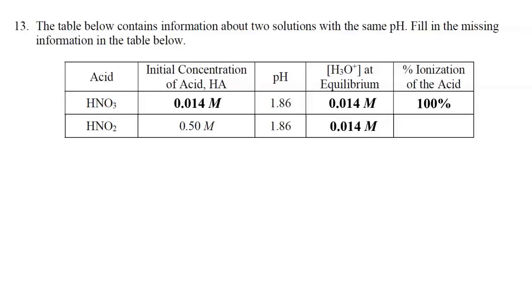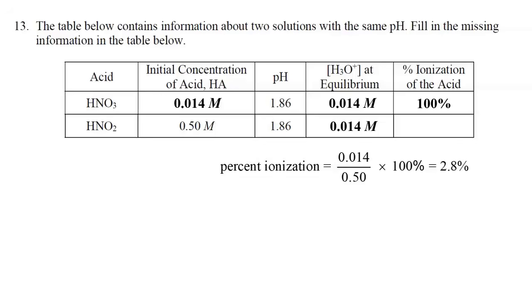But what about the weak acid, HNO2? It's only partially ionized in solution. How do we figure out the percent ionization for HNO2 in this example? Remember that formula that I taught you, which, by the way, is not on the equation sheet, so it's a good one for you to memorize.